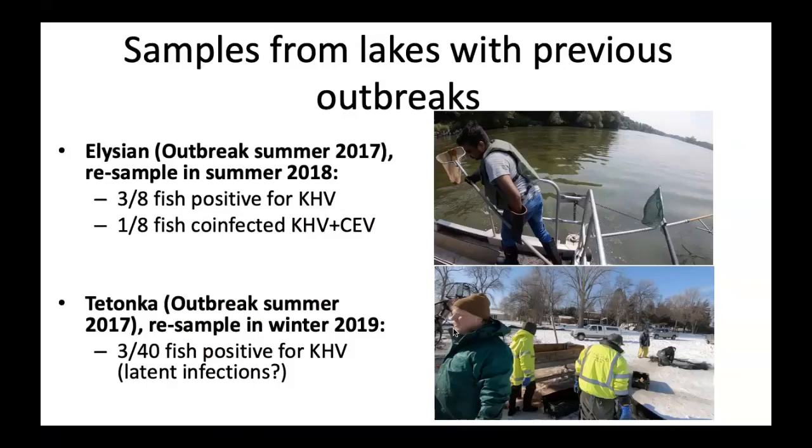And we found KHV in 3 of 8 of those samples, and one of those samples also had a co-infection. So this is a really small sample, but assuming that it was random, which some actually felt pretty random, didn't it? We were all over that lake. But assuming this is a random sample, that would mean that those viruses are definitely still distributed in those lakes even a year after a mortality event occurs.